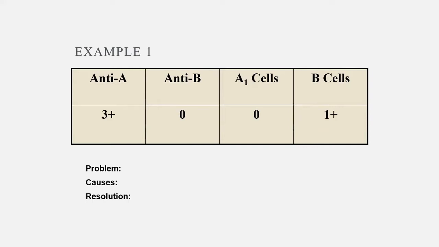So what are the causes for weak reverse reactions? This is a problem with the patient's antibodies. It seems like they're not making enough antibodies if you're getting a weak reaction. Yes, so we can see that in immunocompromised patients or in older patients.